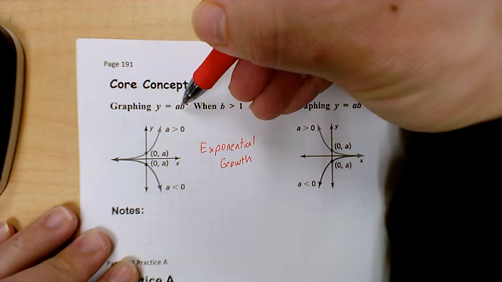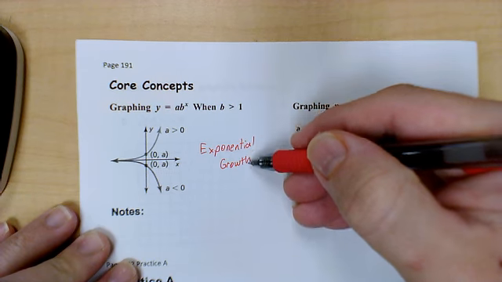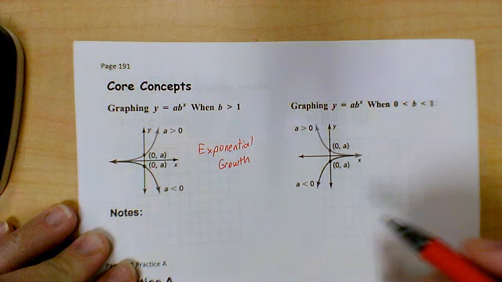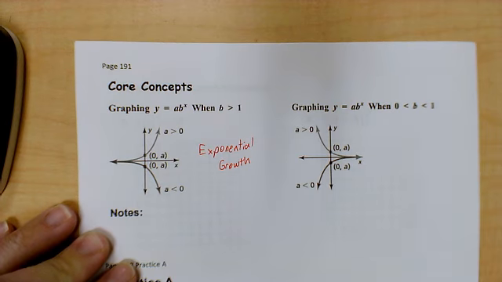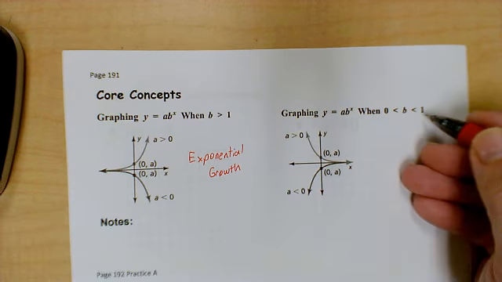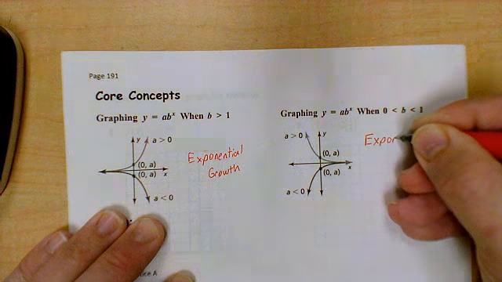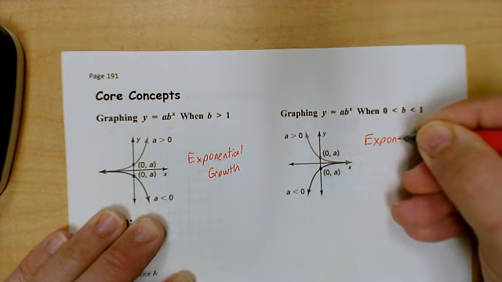So if y equals a times b to the x and b is greater than 1, you're experiencing exponential growth where it's going to go up from left to right. Now, the other one was when b was between 0 and 1. b was less than 1. It was 1/2. So that was an example of exponential decay.